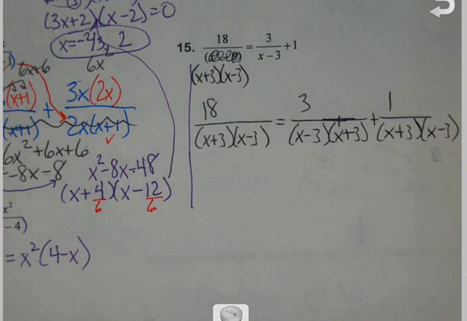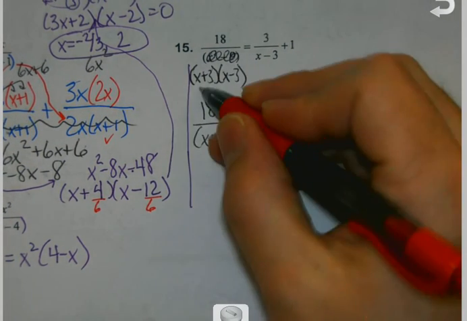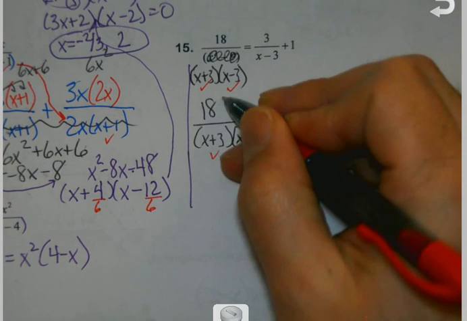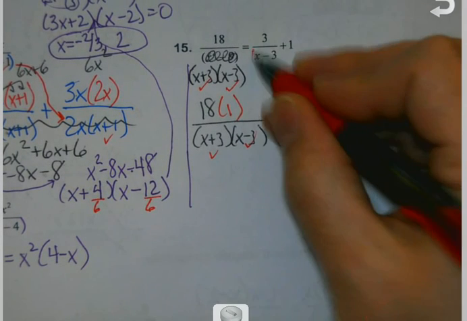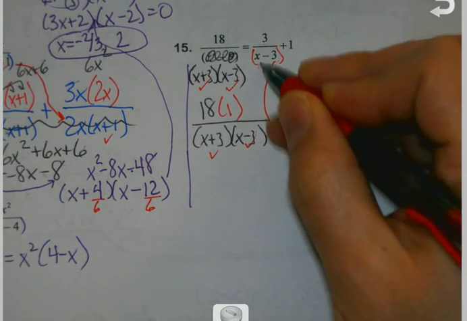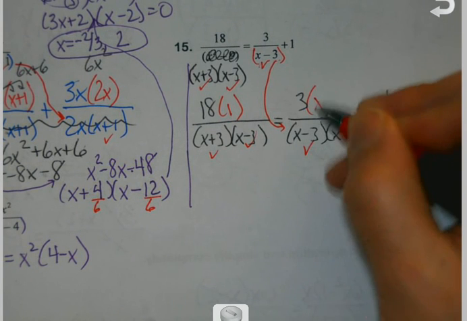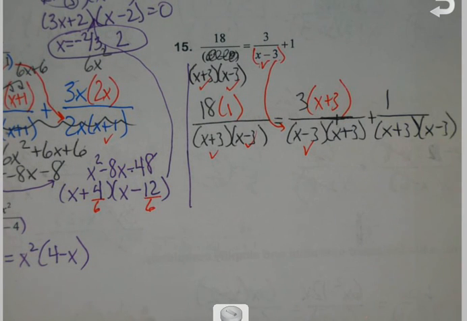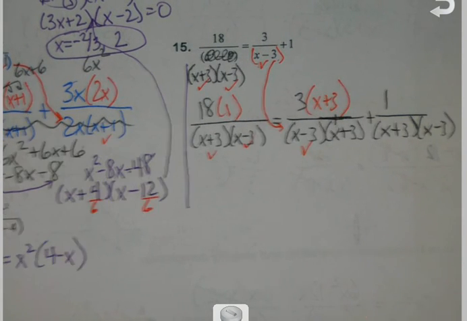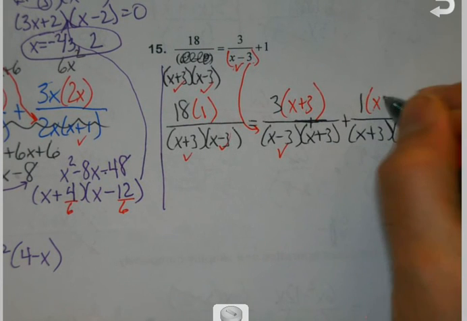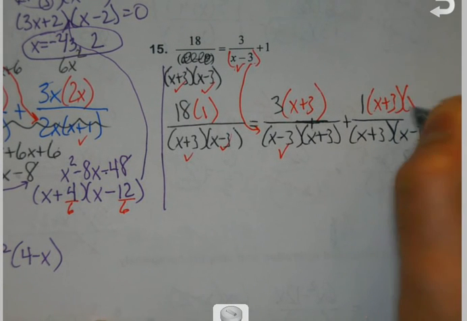So as I set these up, first one I got everything. So that was good. Second one, I've got the x minus 3. I need the x plus 3. And the last one's a little more complicated because I need both.